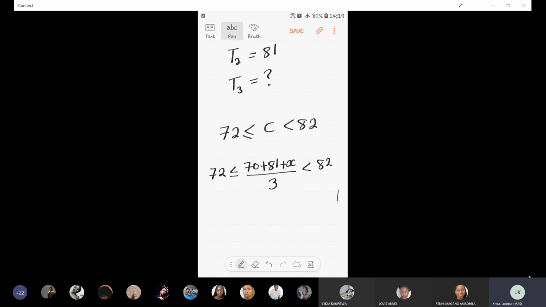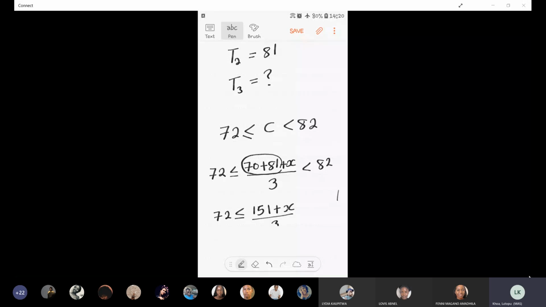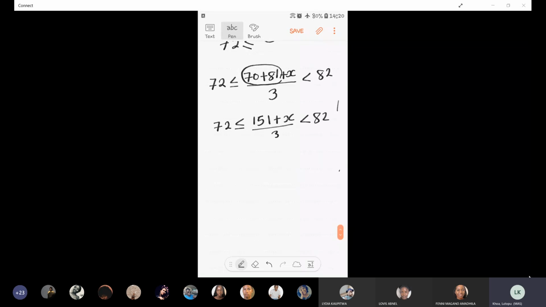So you can combine these two together, 70 and 81, you get 151. So you have 72 less than or equal to 151 plus x over 3. This is less than 82. Then you multiply throughout by 3. So say 72 times 3, you get 216.